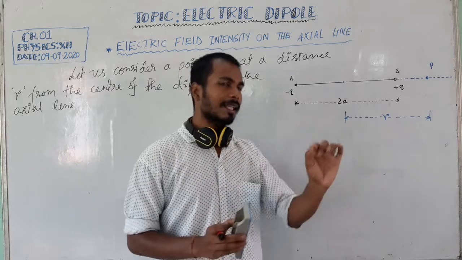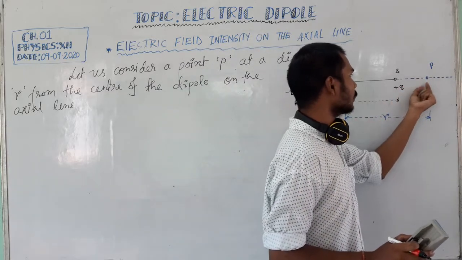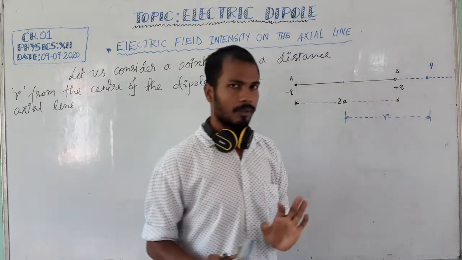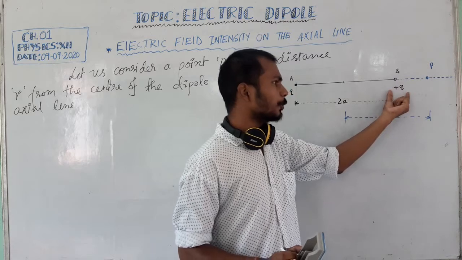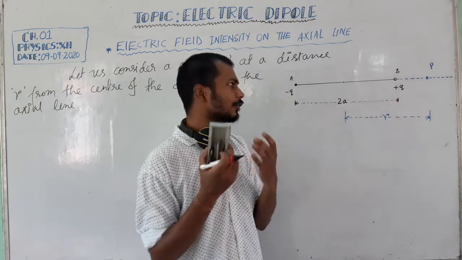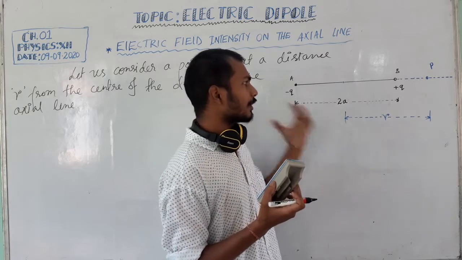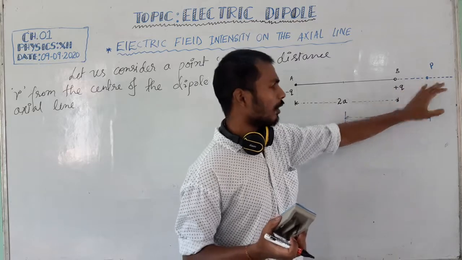This point is near to B and there is plus Q charge at B. So there will be electric field due to this charge at point P.